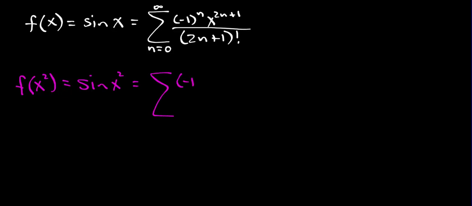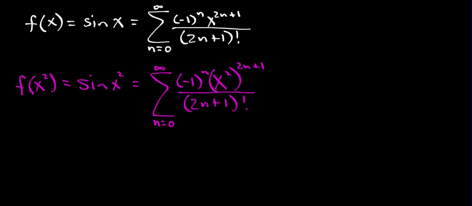We would have negative 1 to the n, x squared to the 2n plus 1, and then 2n plus 1 factorial here. So that looks like it's going to be much easier than starting from scratch, and we're still going from n equals 0 to infinity. So let's see what this is going to look like then.